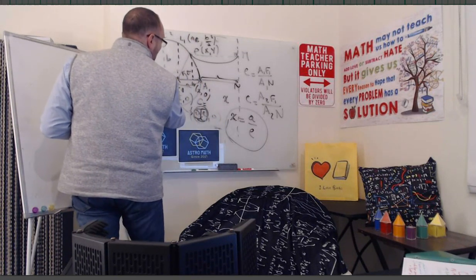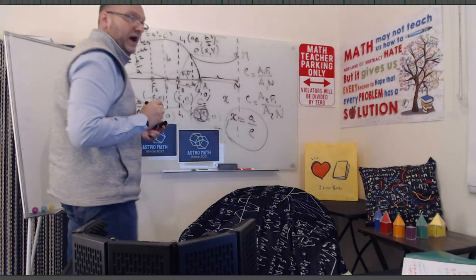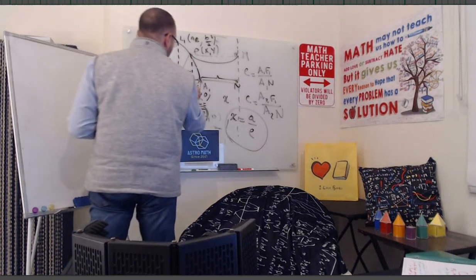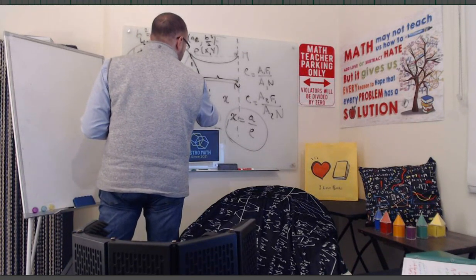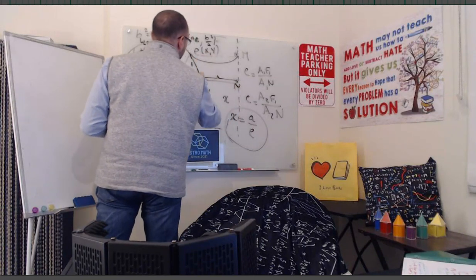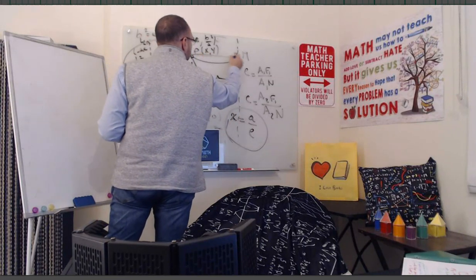So ON minus what? OW equals this WN or PM. Look at it. It forms a rectangle here.